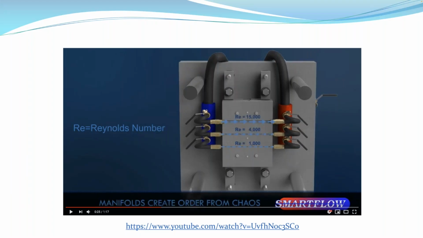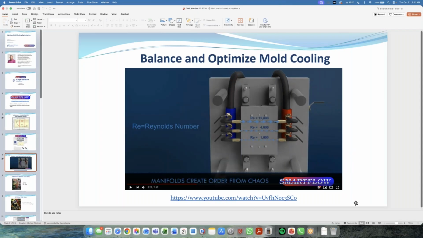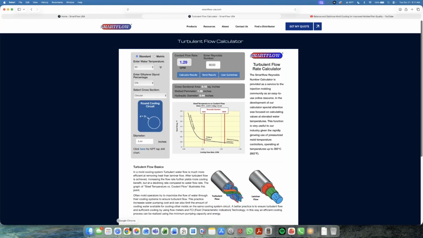This is all things considered, hoping that the design is correct and we've taken care of good practices when designing the tool. A balanced tool is going to create that optimal cooling. If we have an unbalanced tool, you're going to create hot spots, sag, and droop, all big issues when it comes to creating conforming parts. So we're going to watch that video real quick.